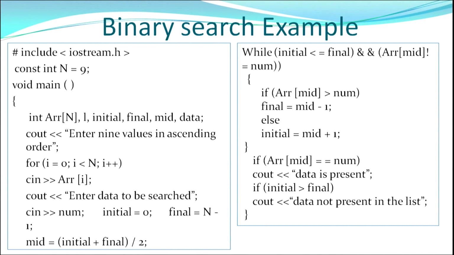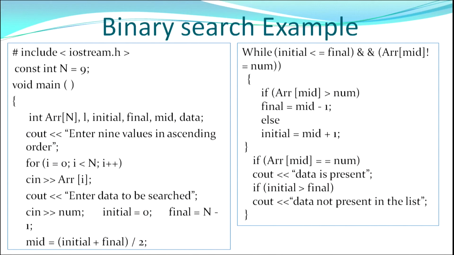I compare and give new values to initial and final. Every time the loop runs again, a new final or a new initial value is obtained, a new mid value is obtained and comparisons are done.